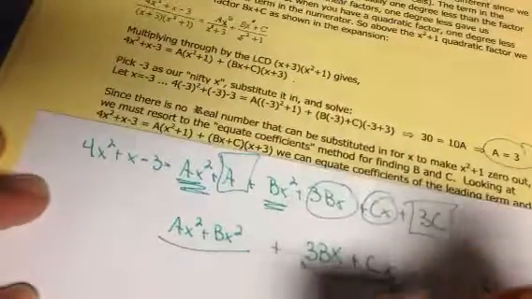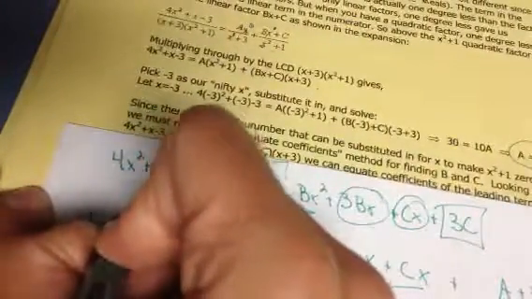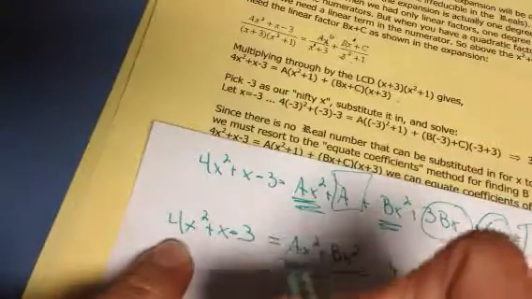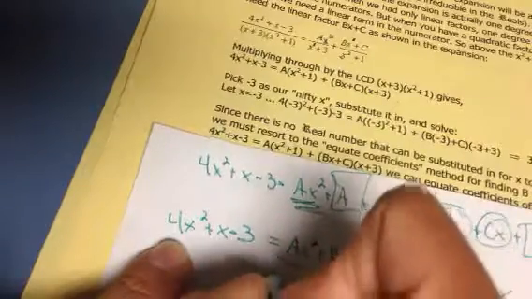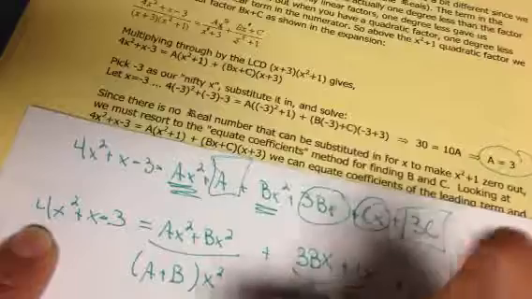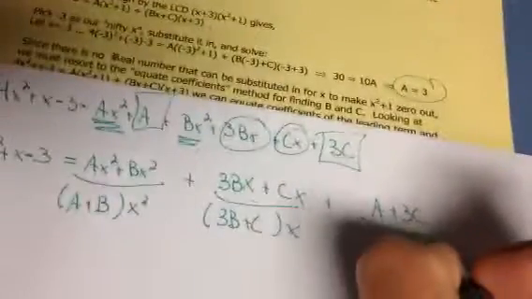And then kind of group this, plus this, and you compare it to the left side. What she does is these are the x terms, so she factors out the x squared. I'm going to put it at the end. She factors out the x. Again, I'm going to put it at the end. And then she leaves this one alone.